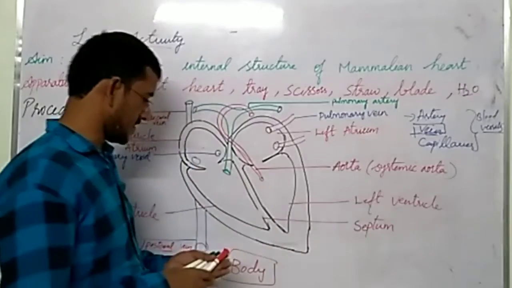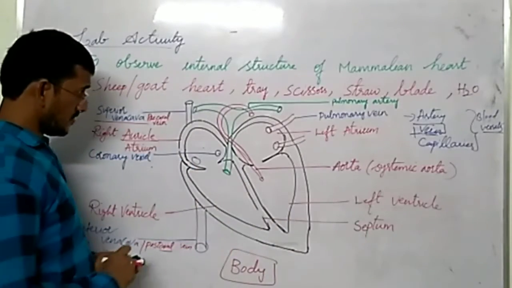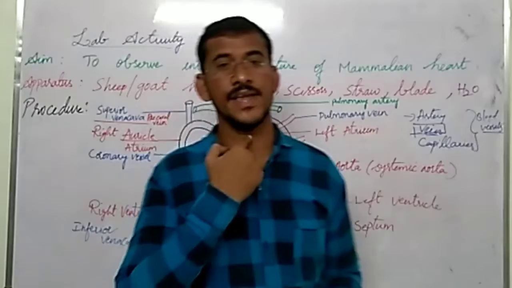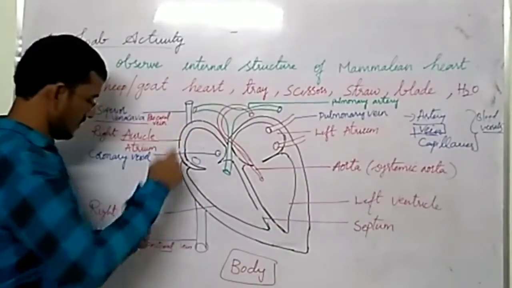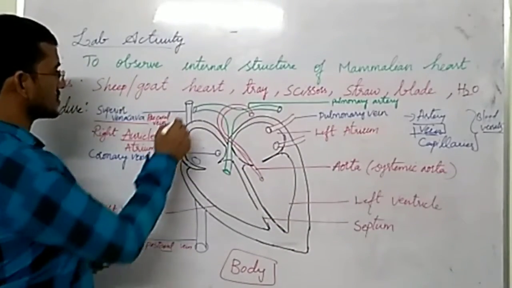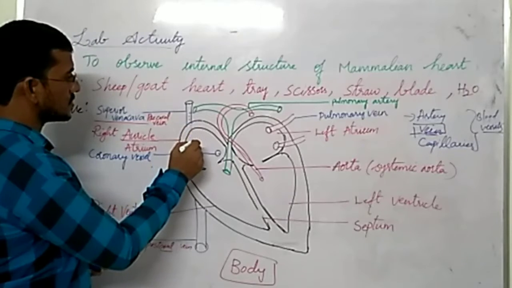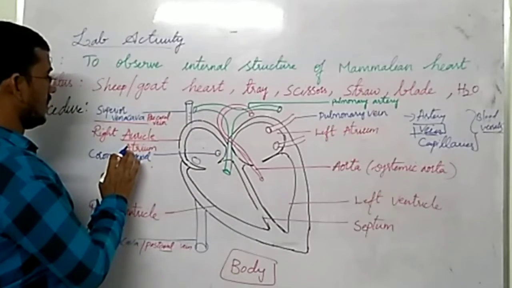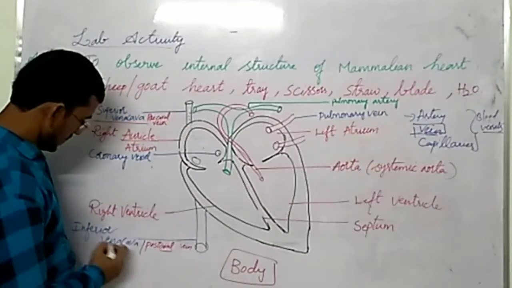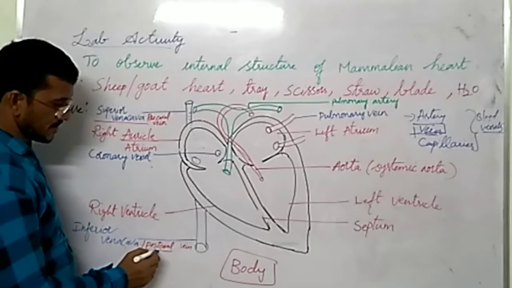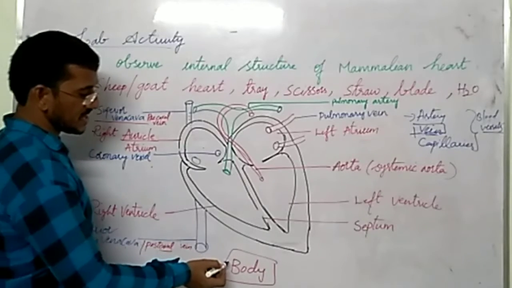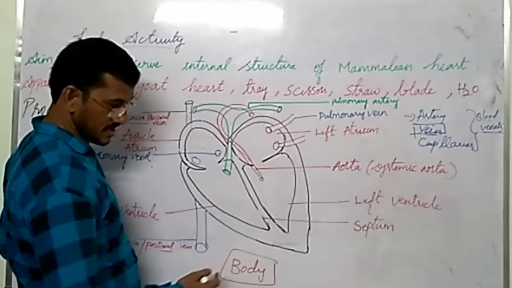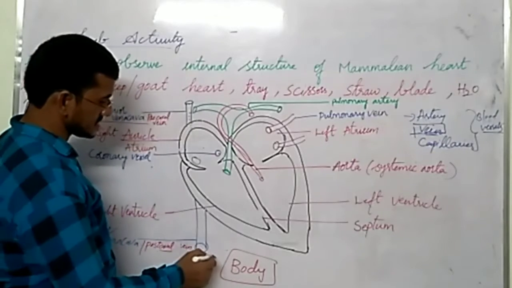circulation of heart. So, from head and neck, superior vena cava will bring deoxygenated blood to the right atrium, and this inferior vena cava or post-caval vein will bring deoxygenated blood from the body, that is hands and legs.